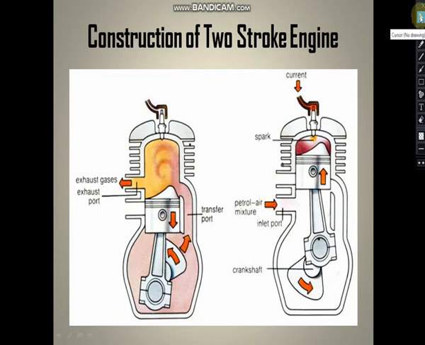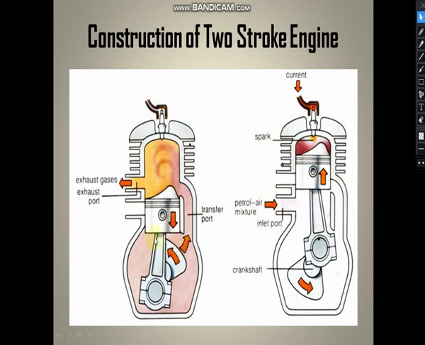If we compare this two-stroke engine construction with the four-stroke engine, the same components are used here also.